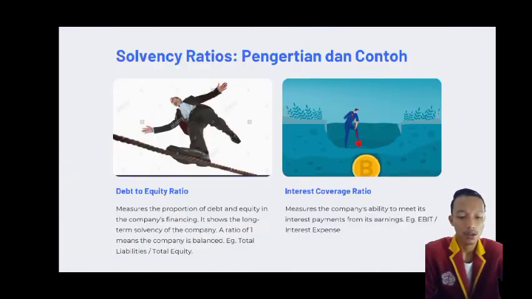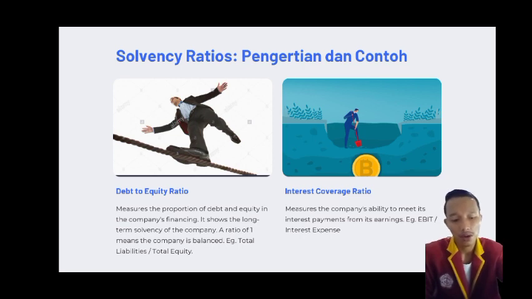Slide number 6, solvency ratios, definitions and examples. Debt to equity ratio measures the proportion of debt and equity in the company's financing. It shows the long-term solvency of the company.